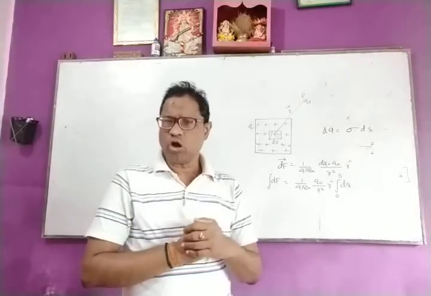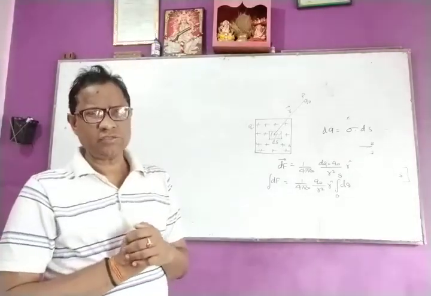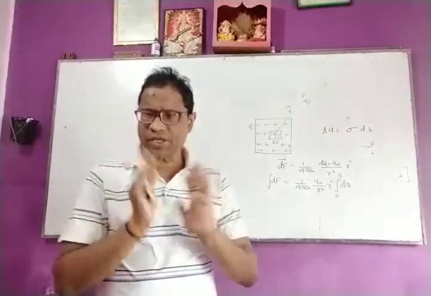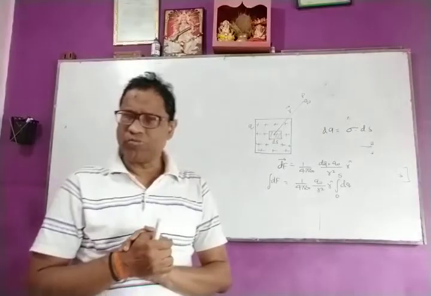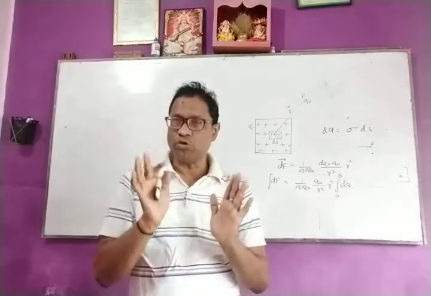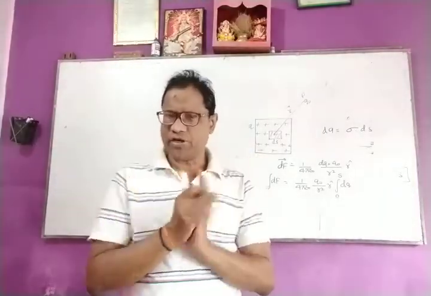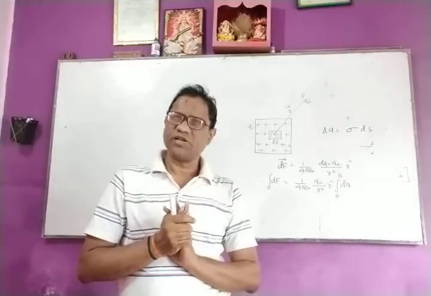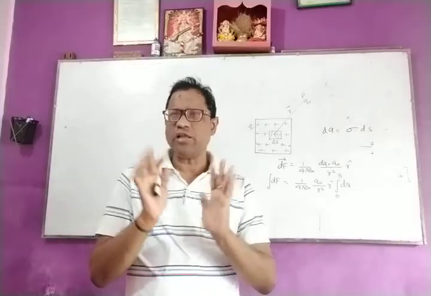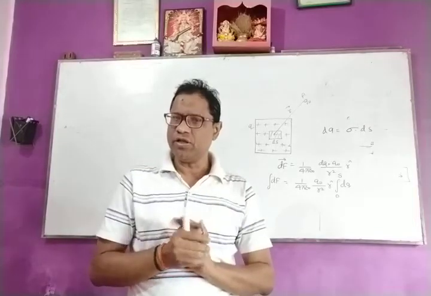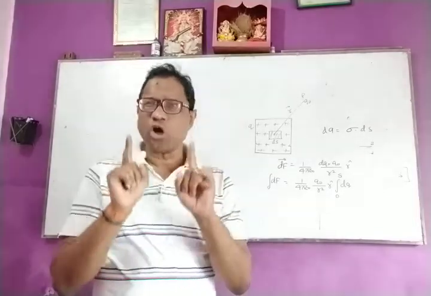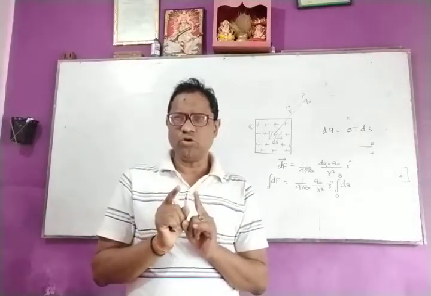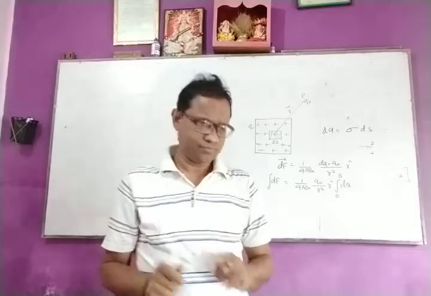Last, volume distribution of charge. It is three-dimensional. Consider an object of volume V having charge q which is distributed uniformly over it. Consider a small element of volume dV, so then charge on the element dq is equal to rho into dV.